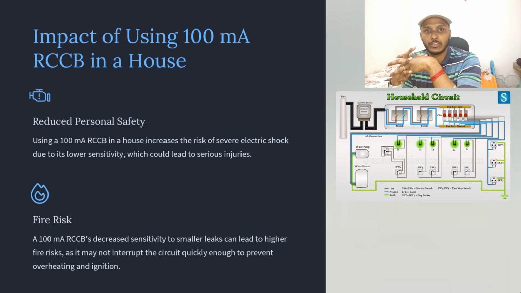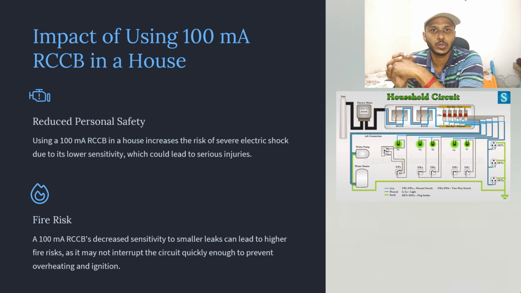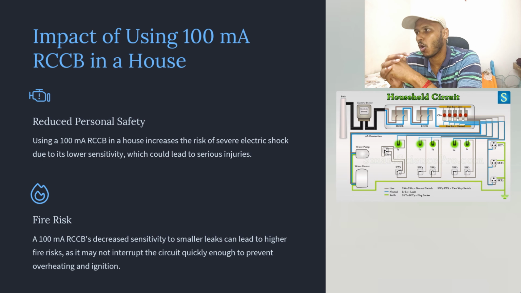So this was a question: what happens if you use a 100 milliampere RCCB in a house? Definitely it will reduce personal safety. Using a 100 milliampere RCCB increases the risk of electric shock because it is a less sensitive device.